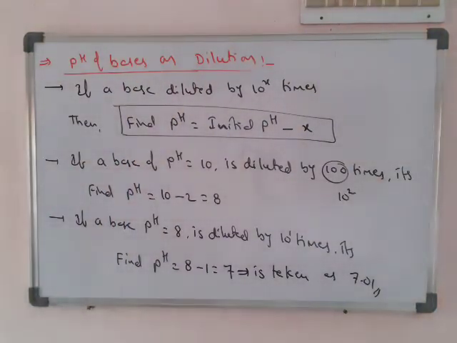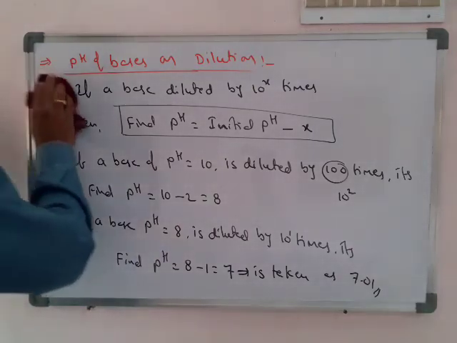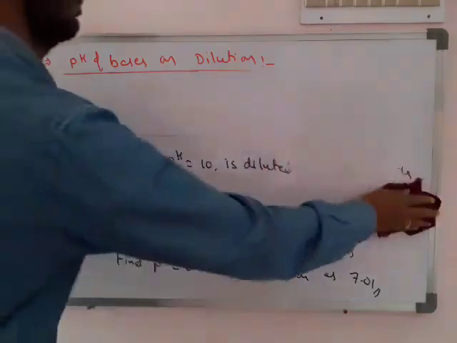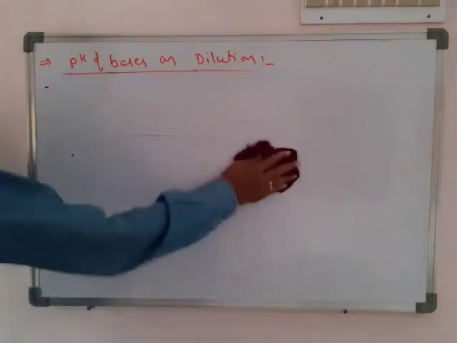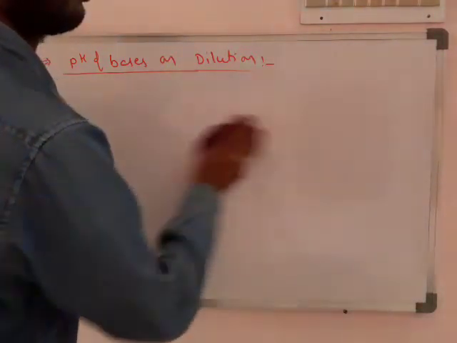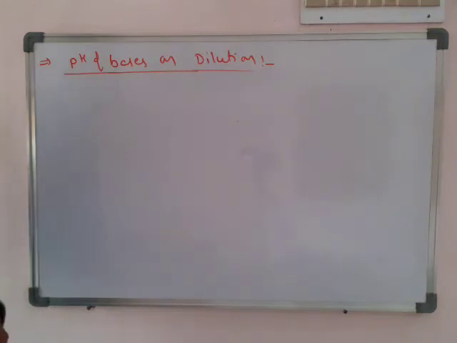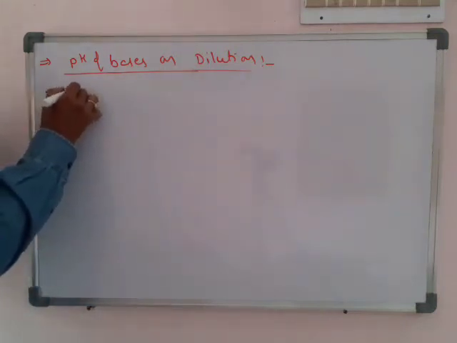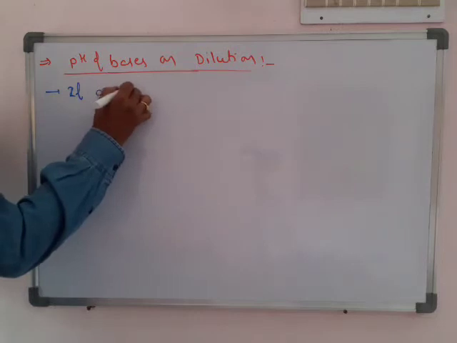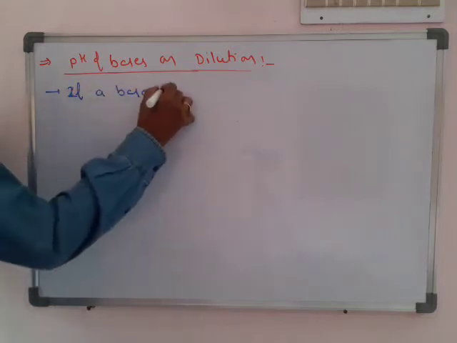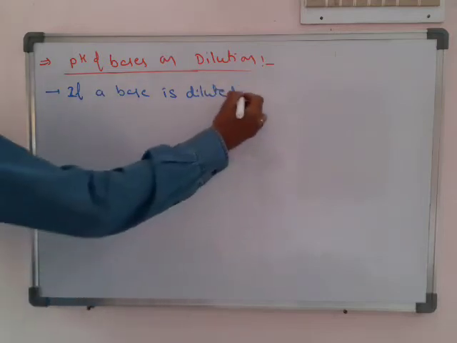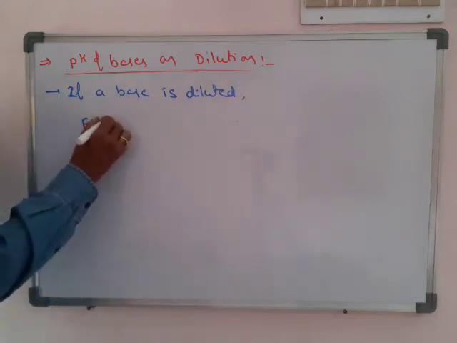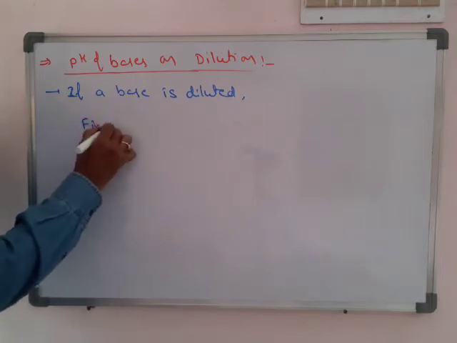Next, dilution of bases, the second type. If a base is simply diluted, what is the final pH?